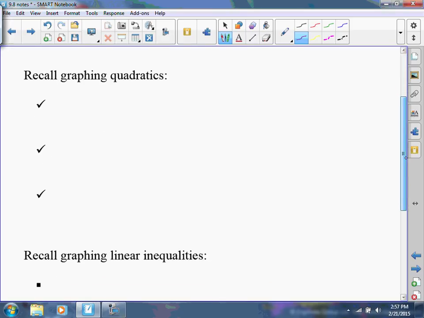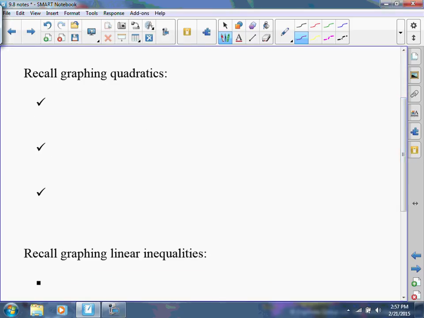Now, remember when we were graphing quadratics, we had a couple steps that we had to follow. The very first thing we wanted to do was make sure that the quadratic was written in descending order so we could do our negative b over 2a equation to find our axis of symmetry.